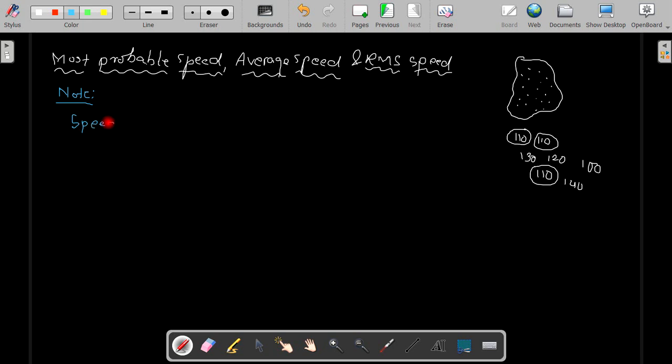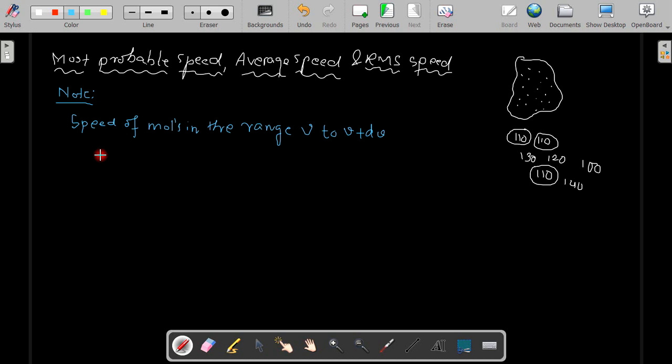Let me write down: the speed of a molecule in the range v to v plus dv. So this dv is a very small change in velocity. This was the velocity, let's say, between 110 and 110 plus 1. So what will be the speed within this range?